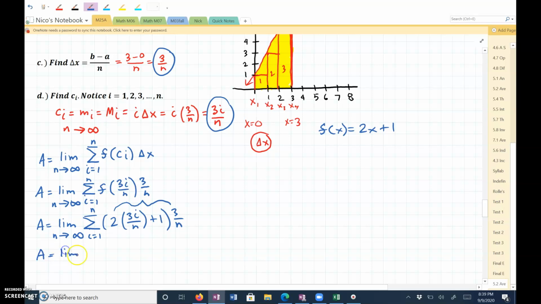Now I'm going to distribute this all the way through. So this 3 over n times 3i over n, this would be 9i over n squared, times 2, that's going to end up being 18i over n squared, plus 3 over n times 1 would be 3 over n.